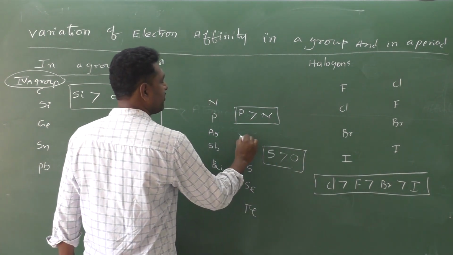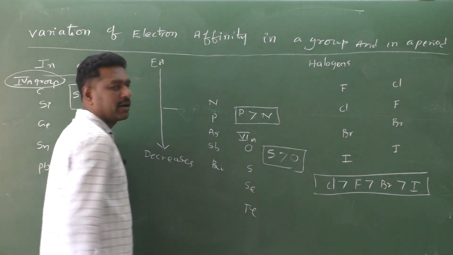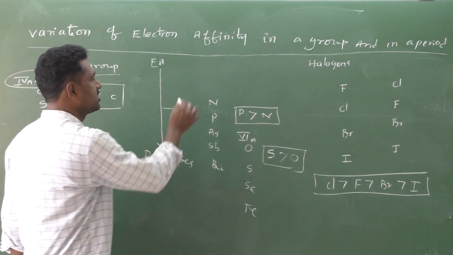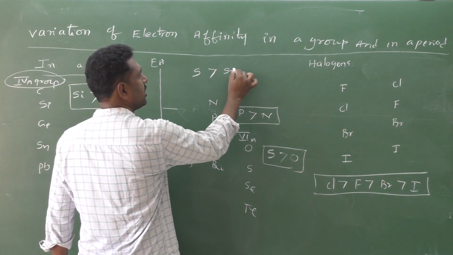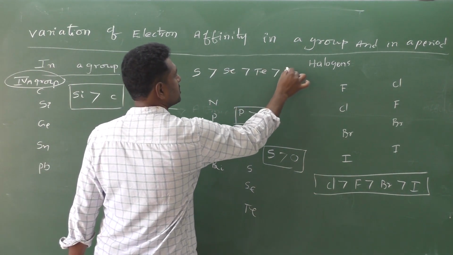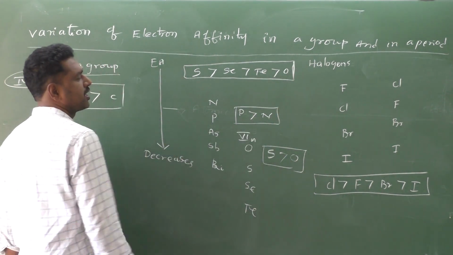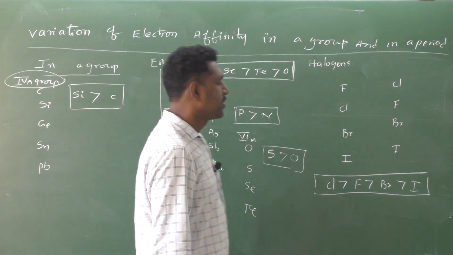The order is sulfur, selenium, tellurium, and last oxygen.